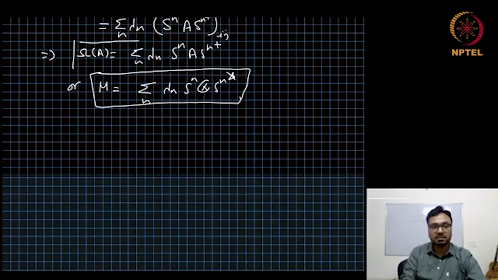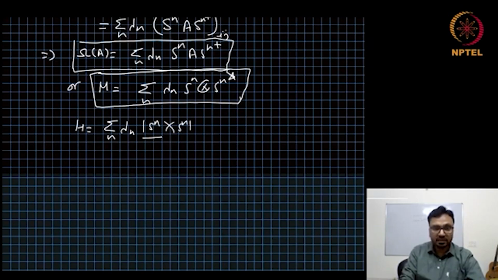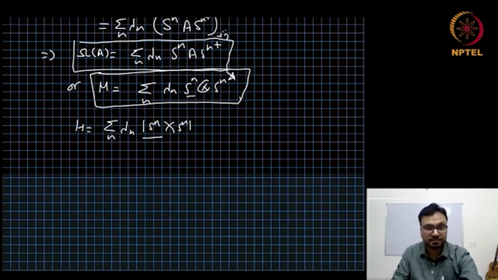So these are the representations we can get very easily, and H actually is the sum over n of lambda n, Sn outer product Sn, where Sn are the unfolded vectors of matrix Sn.